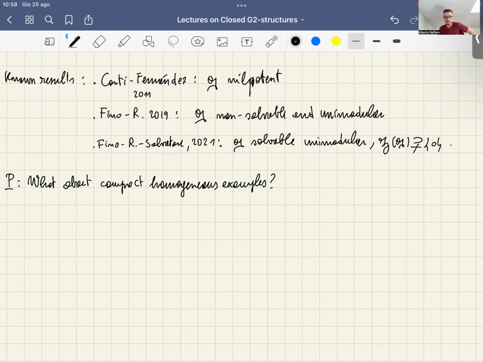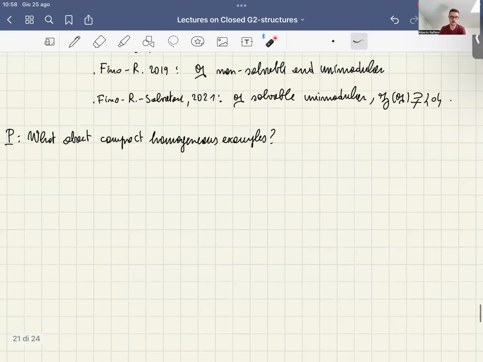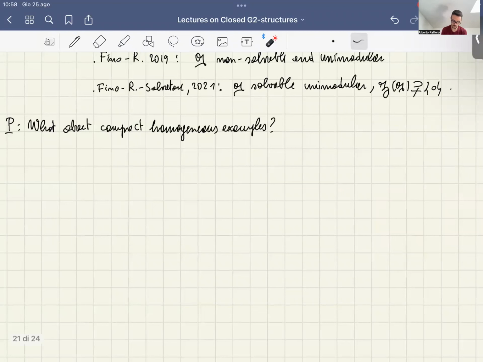Since, as I remarked before, even if there exists a quotient of the simply connected Lie group induced by the Lie algebra by a compact discrete subgroup, then what we will get is a compact example that is only locally homogeneous but not globally homogeneous. So it is not homogeneous with respect to the left translations of the Lie group.